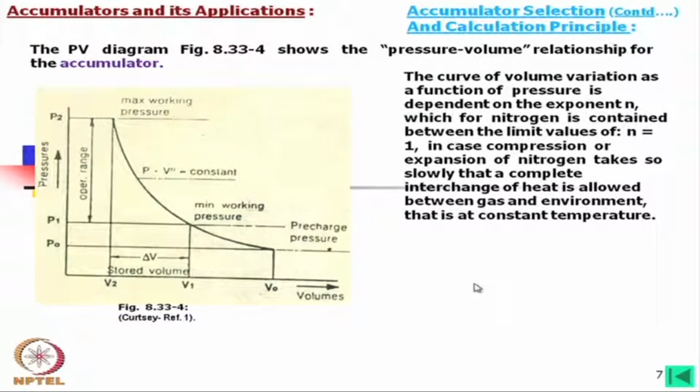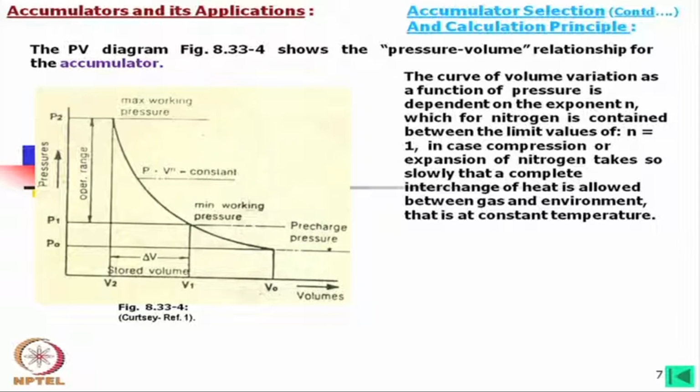The curve of volume variation as a function of pressure depends on the exponent n, which I have explained, which for nitrogen is contained between the limiting values, N equal to 1 in case compression or expansion of nitrogen takes place so slowly that a complete interchange of heat is allowed between the gas and environment, that is at constant temperature.